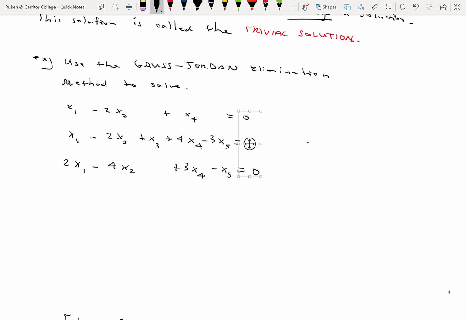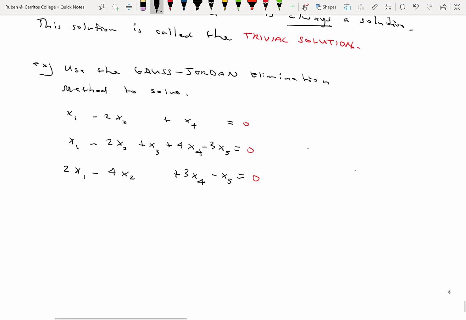I'm trying to highlight them so that they're in our lecture. Those red zeros are what make a homogeneous system. And homogeneous systems always have the trivial solution. So I know this has a guaranteed solution of x1, x2, x3, x4, and x5 all equaling 0. The question is, are there any others?